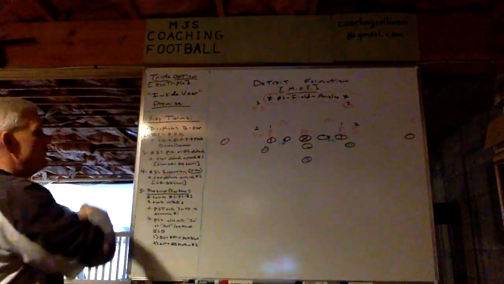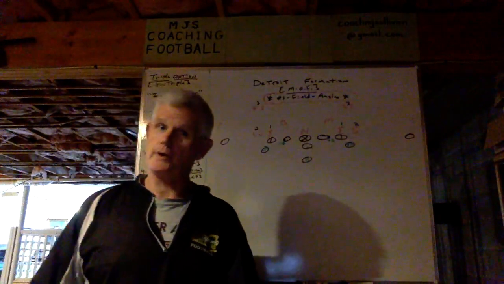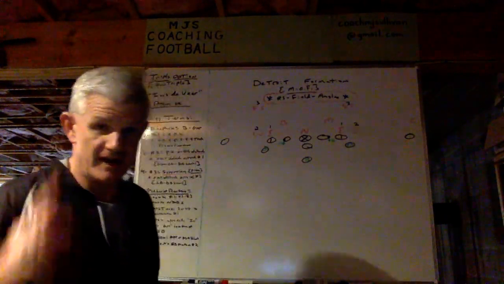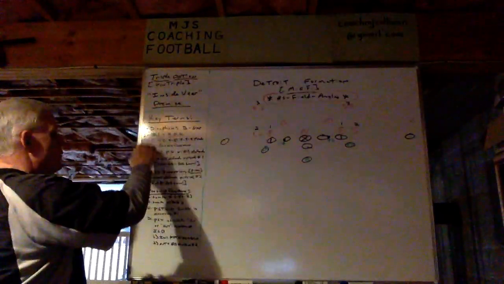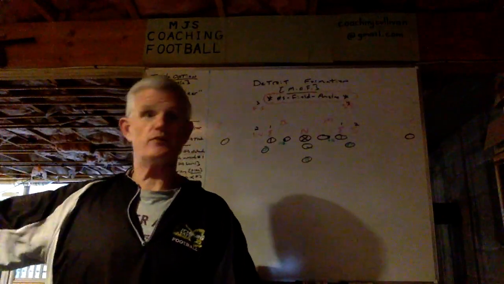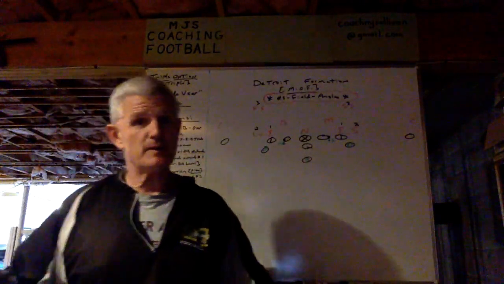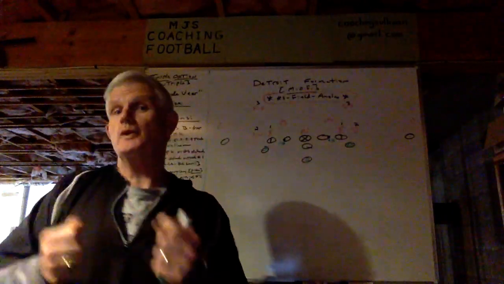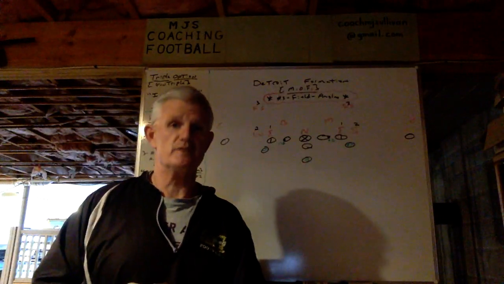So now number two, how we determine who's our handoff key, who we're going to read for the handoff. That's our number one. And the number one is anywhere from a 4-eye technique all the way out to a 9 technique. Not too likely to be a 9 technique, but that comes in when we have a tight end, which I'm not doing as part of this presentation.